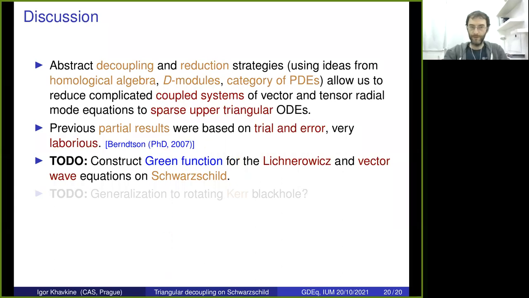And perhaps the systematic approach that I outlined for you today could be used to perform similar simplifications on the rotating black hole known as the Kerr black hole, which is a significantly more complicated geometry than Schwarzschild. So maybe these tools could be useful there to get around these complications.